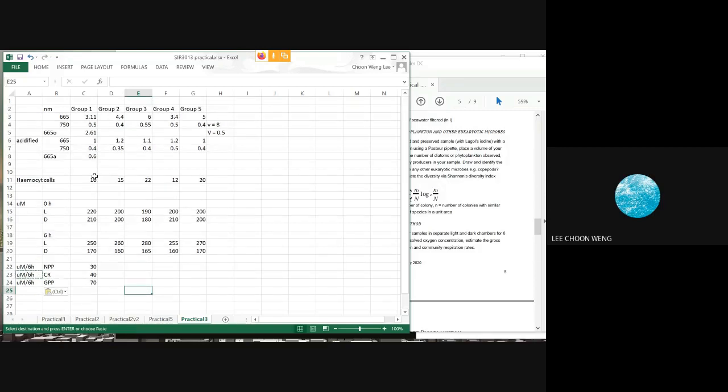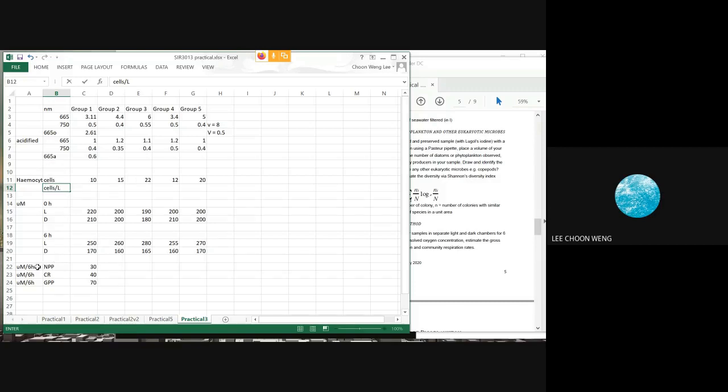I hope that you all will be able to write a report from this. Show me how you analyze and obtain the chlorophyll A measurements, calculations, your hemocytometer cells per liter, getting the final unit to cells per liter.